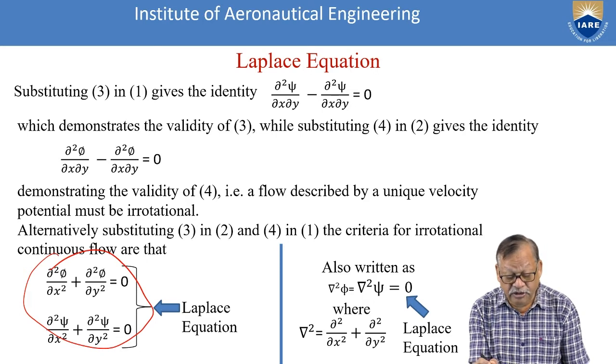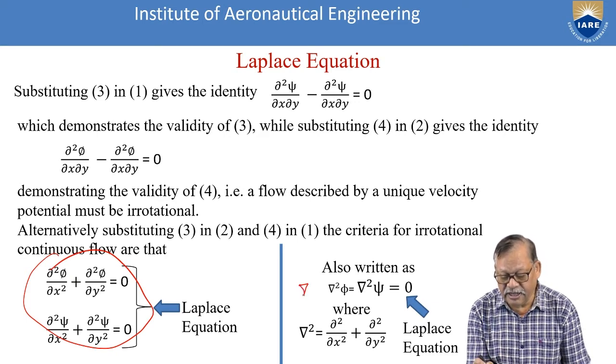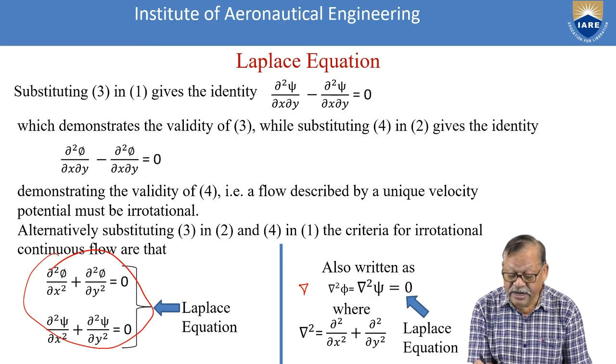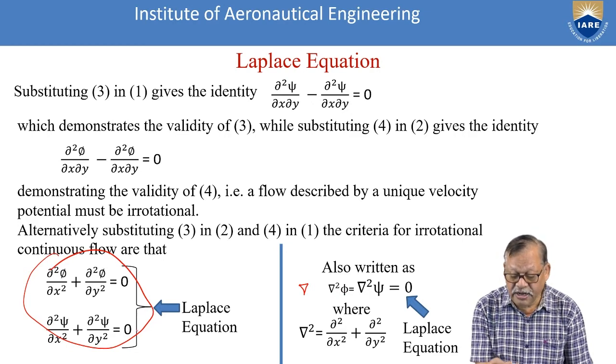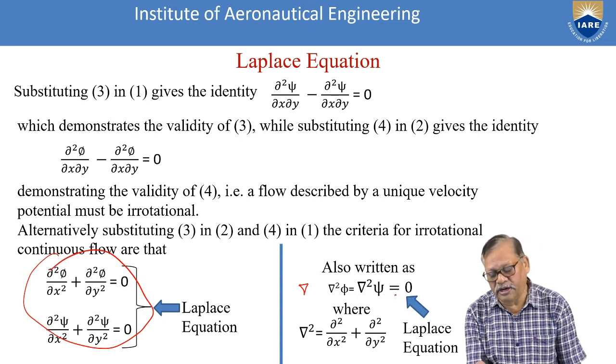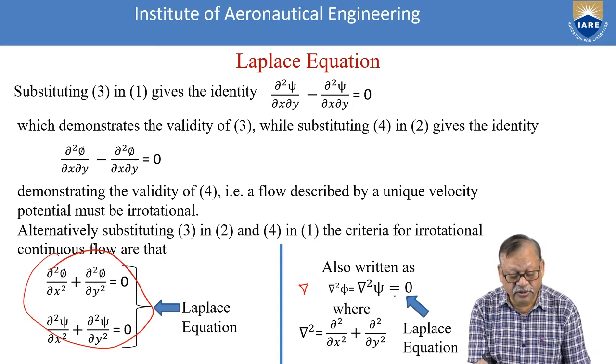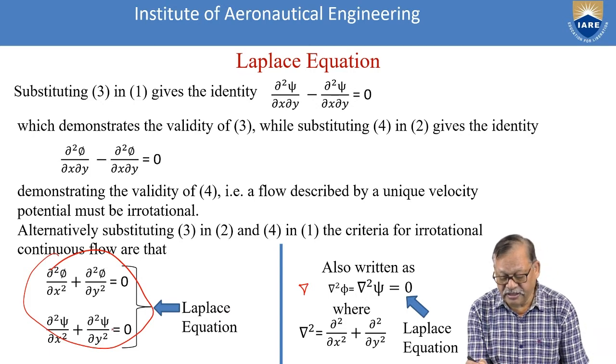In some books, they write it with a del symbol: del square phi and del square psi, both equal to 0. For some students or readers this is difficult, so I have written it in this form.